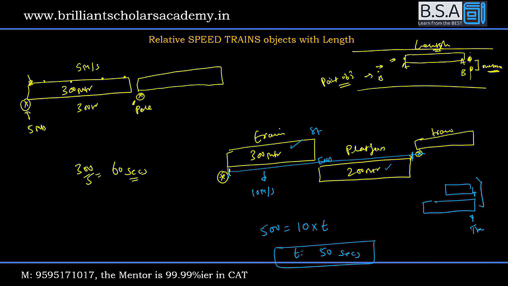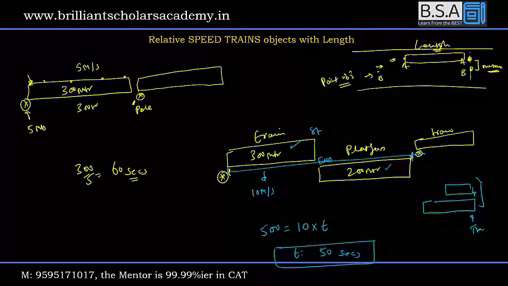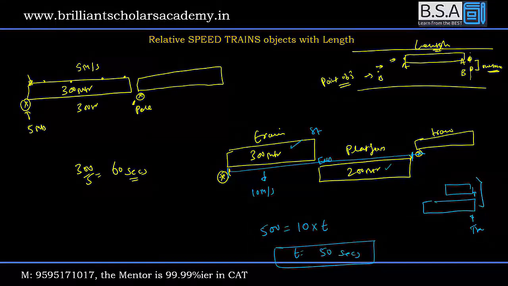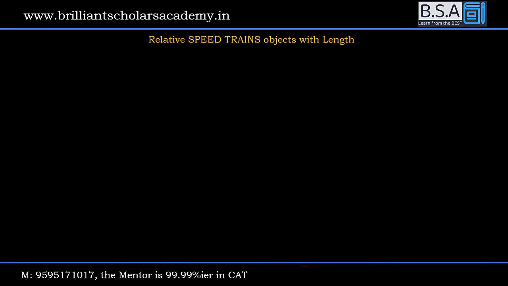What if the other object is also moving or starts to move? Again, today is the first sheet of relative speed, so comparatively simpler questions have been kept here. What if both objects start to move?